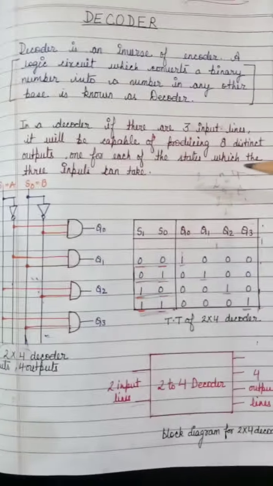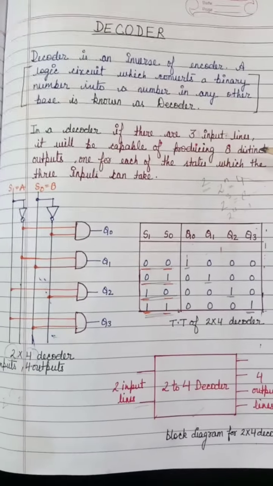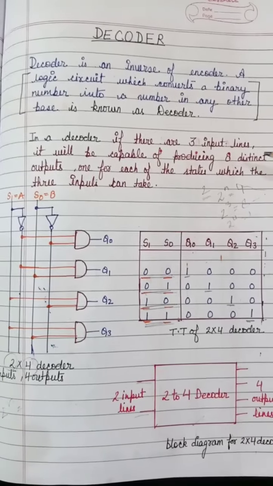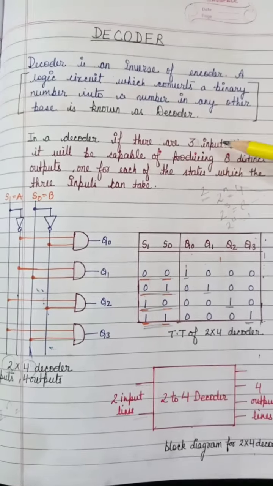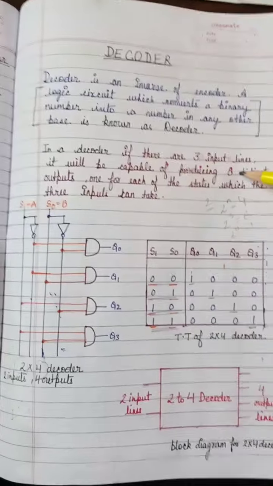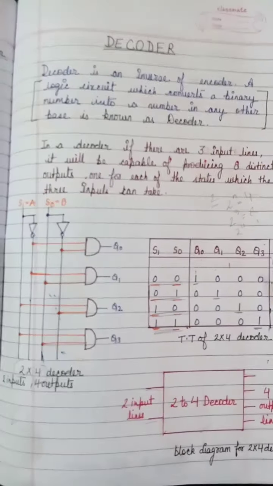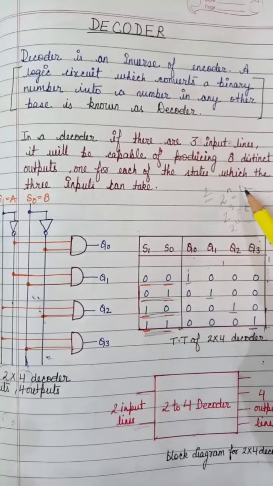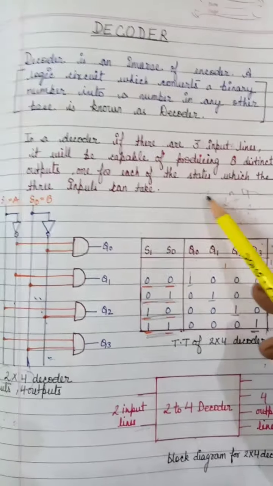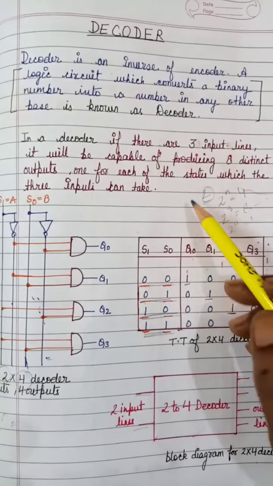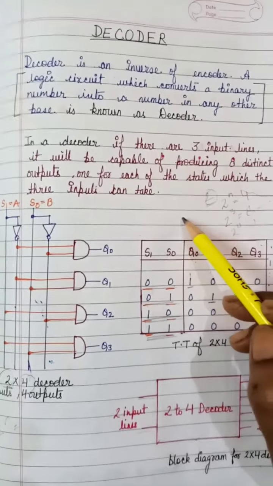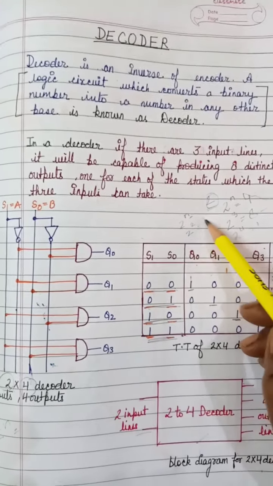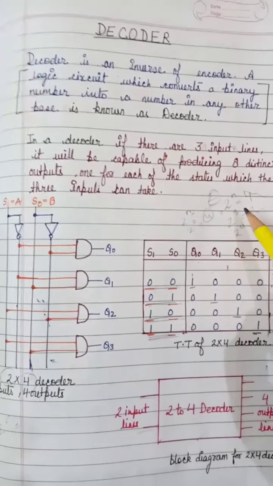In a decoder, if there are 3 input lines, it will be capable of producing 8 distinct outputs. If the 3 input lines are there, 8 output lines will be there, one for each of the states which the 3 inputs can take. So, if the input lines are 2, then there will be 2 to the power n, means 2 to the power 2 equals 4 output lines.